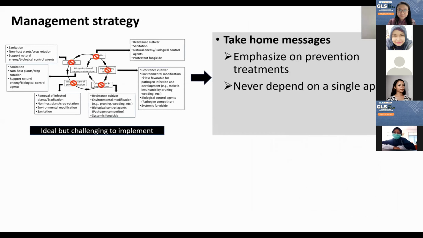Okay, so now we know the ideal ways to control the disease. This IPM, this integrated pest management, is the best, most effective, ideal way. But then we know the challenges as well. So next is, what should we do? Right?